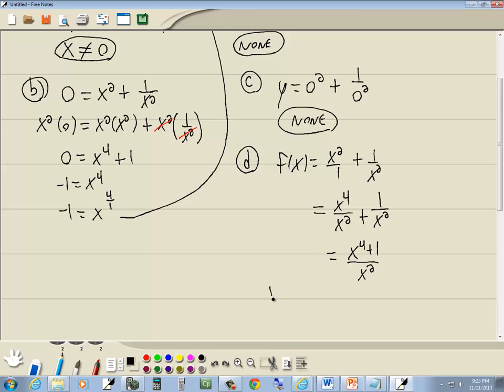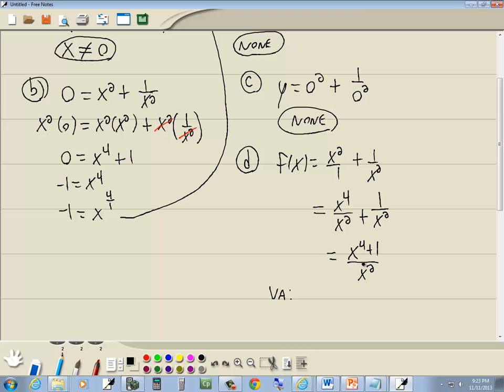Now for our vertical asymptote. Our steps for finding a vertical asymptote: factor the top, factor the bottom. The top might actually factor if we tried it, because we have two terms with a plus between it. So we'd try sum of 2 cubes, but it actually fails. 1 times 1 times 1 gives you 1, but nothing times itself 3 times gives you x to the 4th.